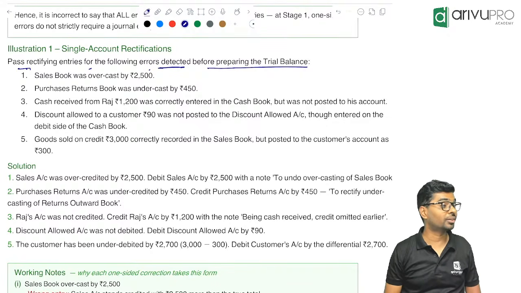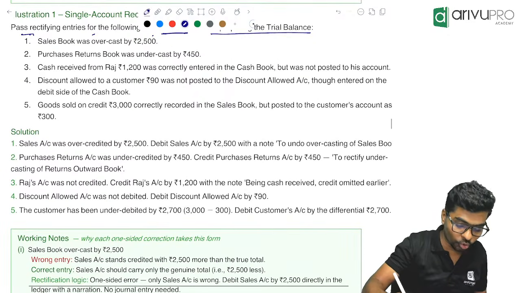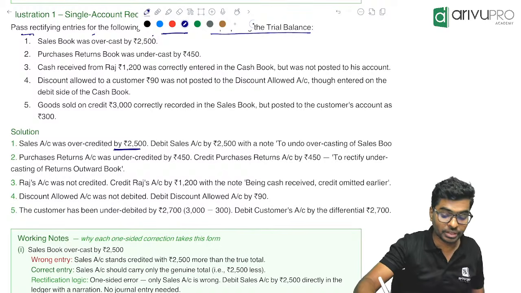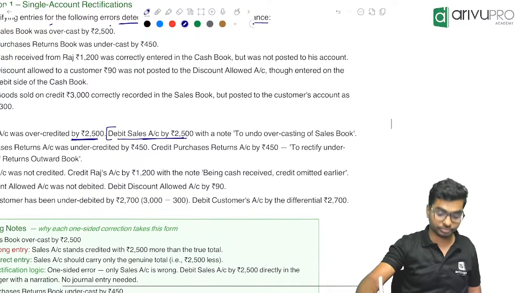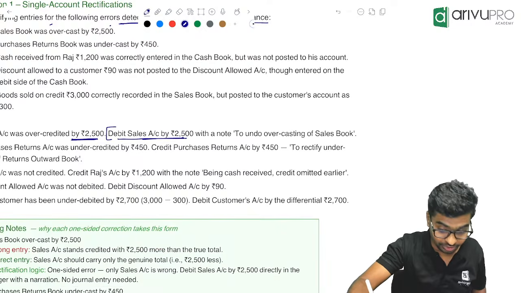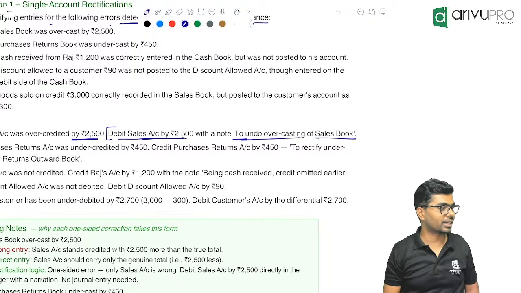Sales book was what? So what will you do? I will see here. Sales book was overcredited by 2500. Therefore, your answer is debit sales account by 2500, with the note, to overcasting of sales book.